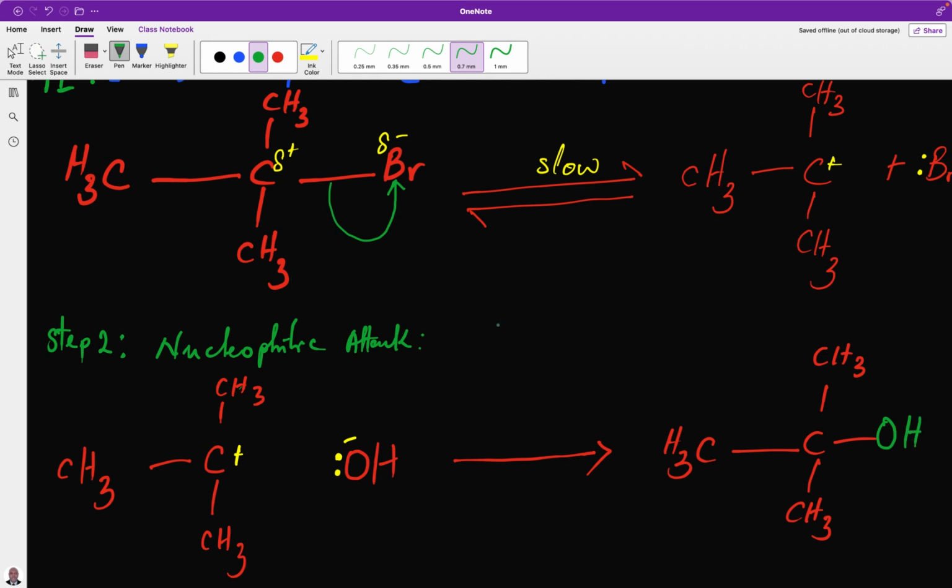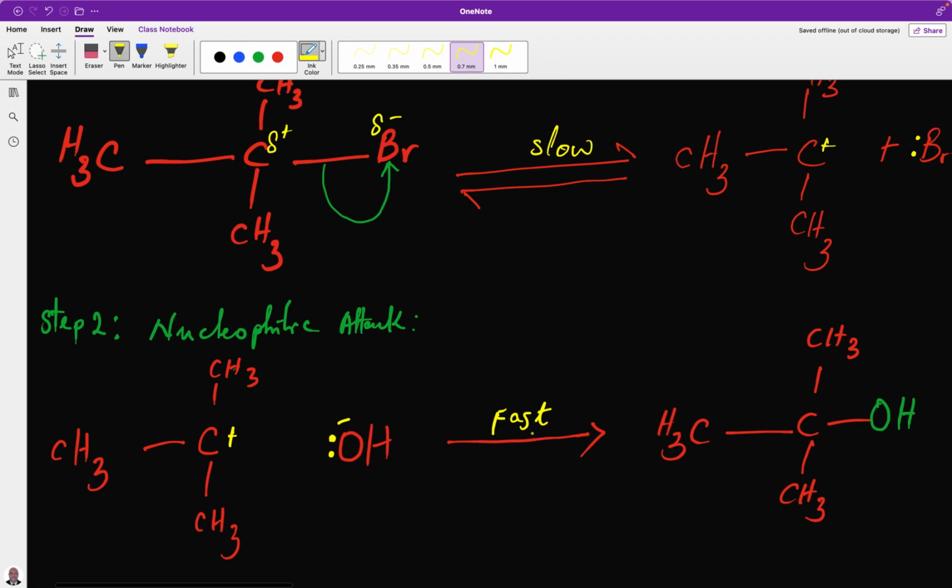And this step is what? This step is very fast, because there's rapid attack of the nucleophile. The nucleophile attacks the carbocation rapidly.